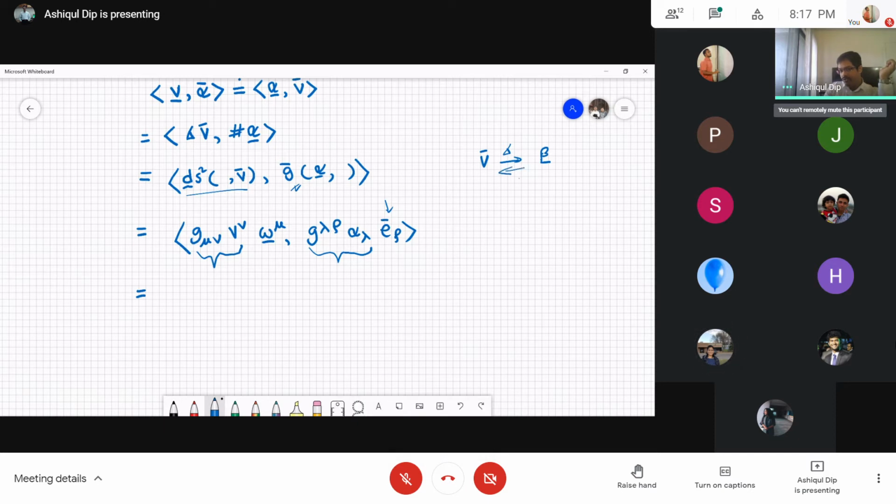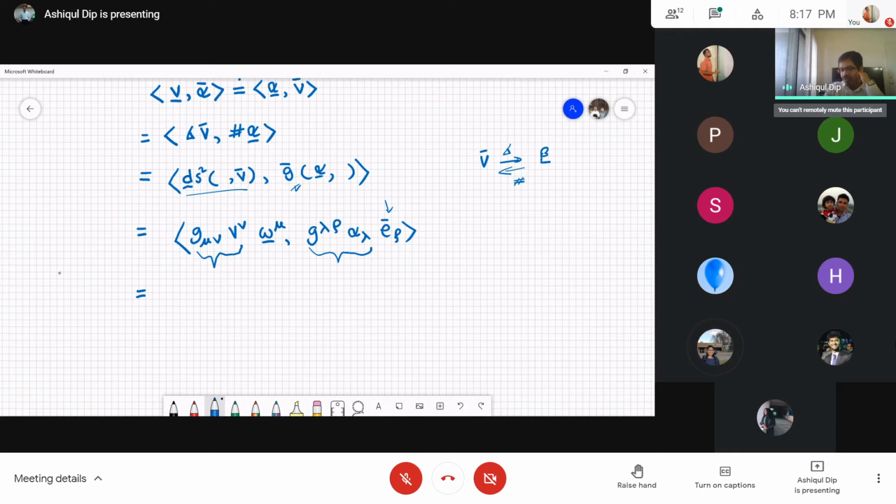So this forward operation, vector to one form, is done by ds square. We demanded that the opposite transformation exists, so that automatically gives us g. So g is just the inverse tensor of ds square.